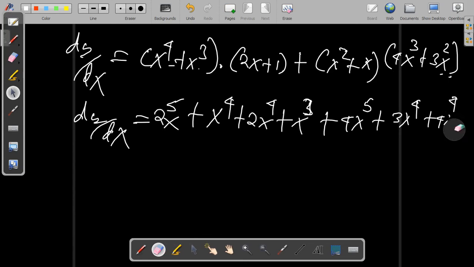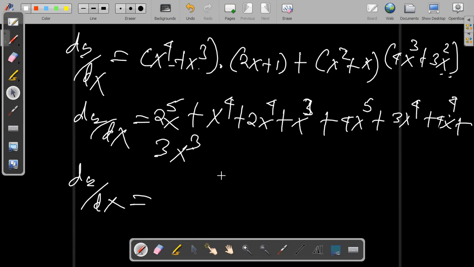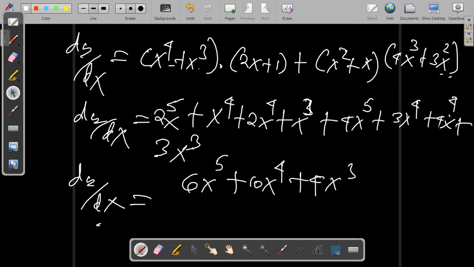So when we collect the like terms of this function here, we obtain 6x raised to power 5 plus 10x raised to power 4 plus 4x raised to power cubic. This will be the answer.